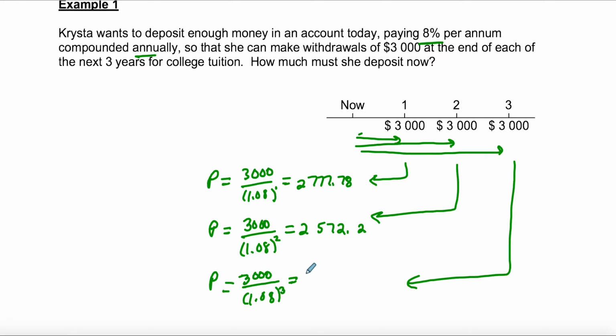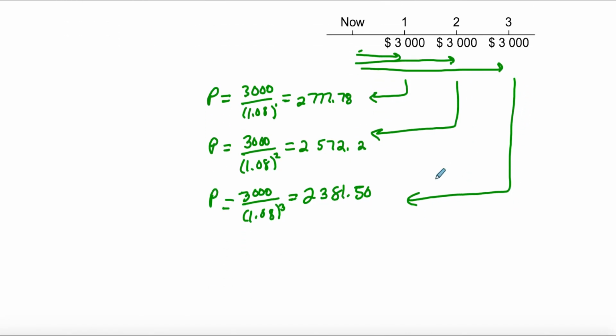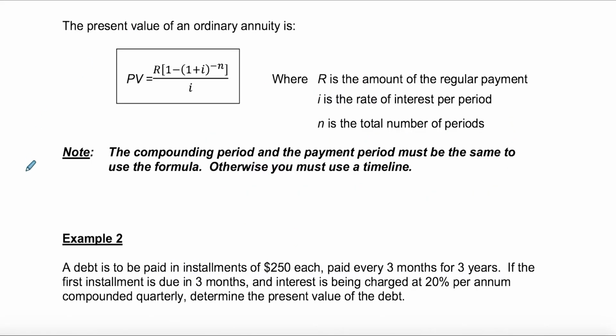Since it's sitting there longer, today she would only have to invest $2,381.50, because it's going to sit there for 3 years, and at the end of 3 years at 8%, she'd actually have her $3,000. So if we add those up, we'd have $7,731.30. Therefore, that's what Krista must deposit today.